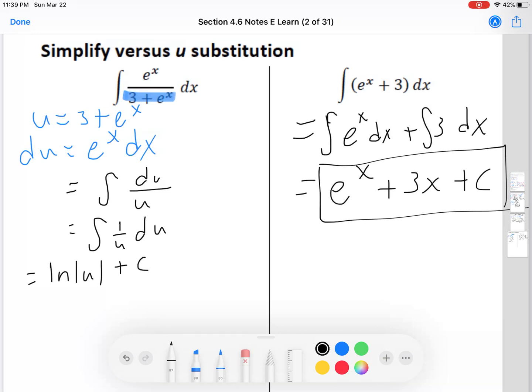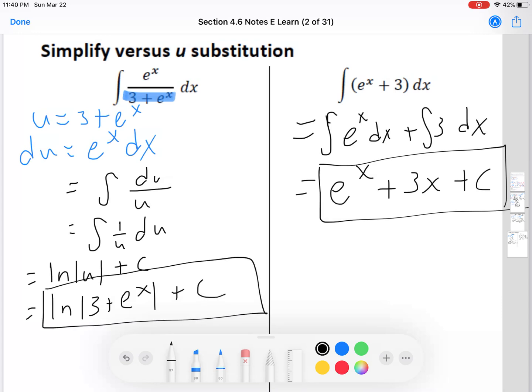Then you add a plus c, and we do need to factor in that the u was 3 plus e to the x. Add that plus c at the end, and we have it completely integrated.